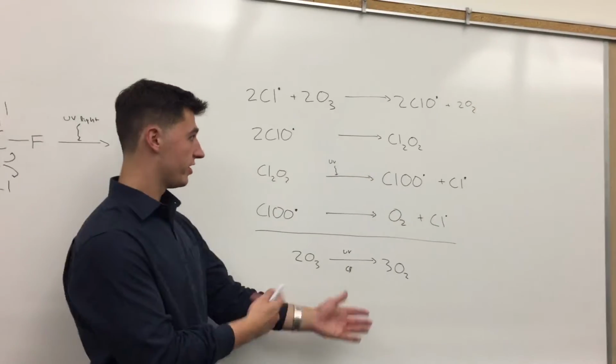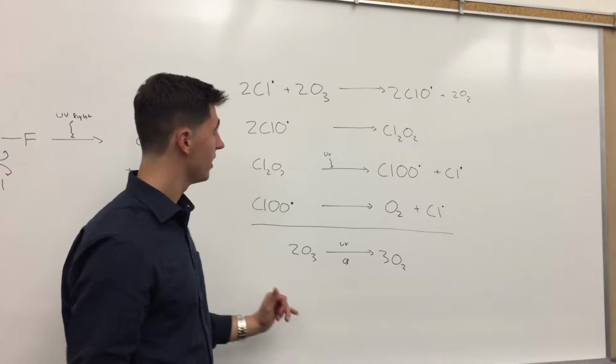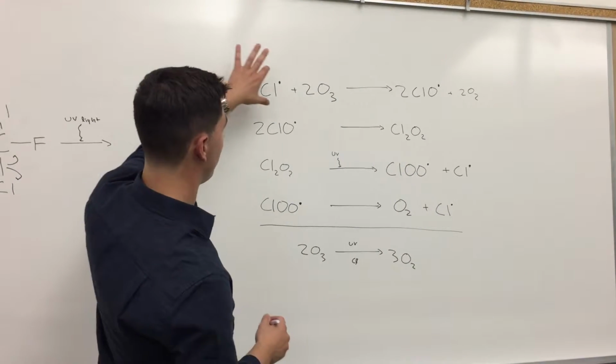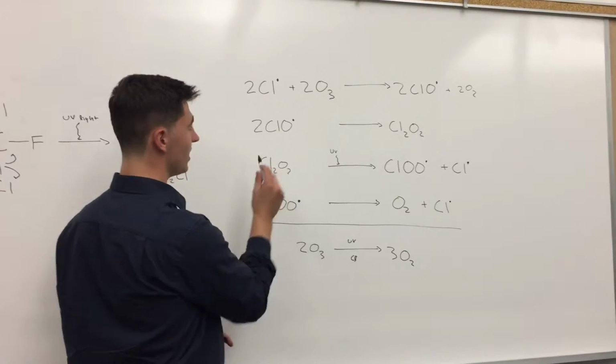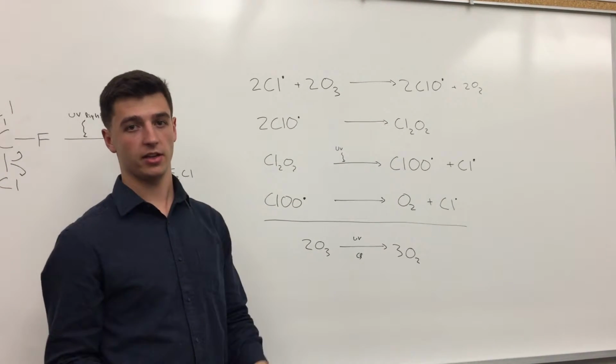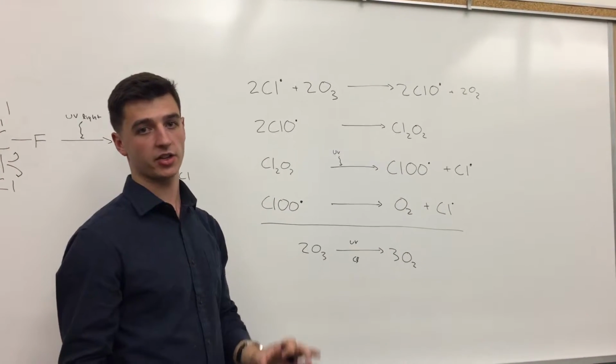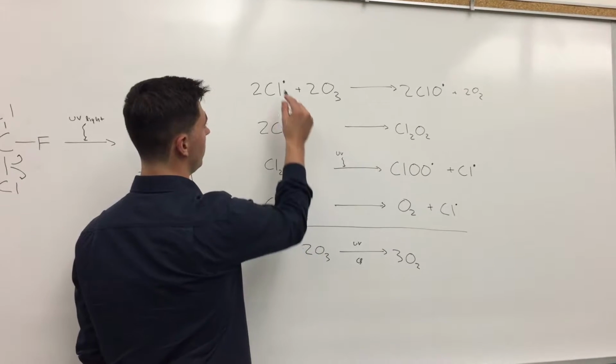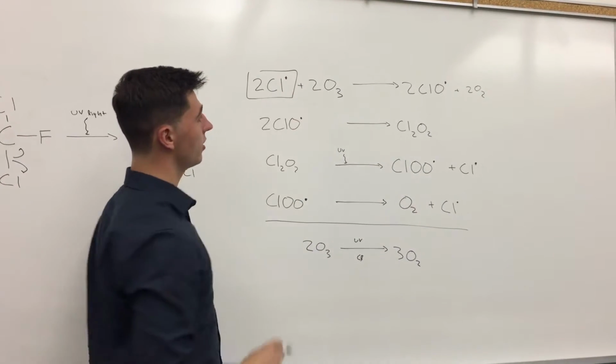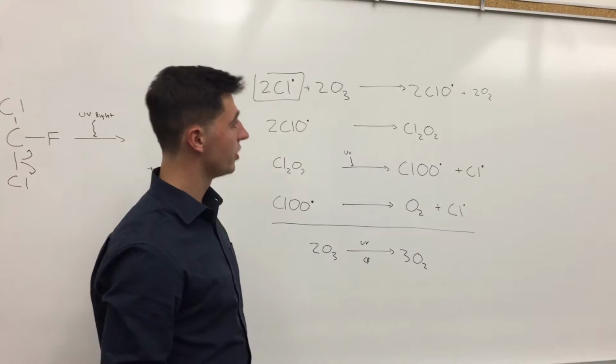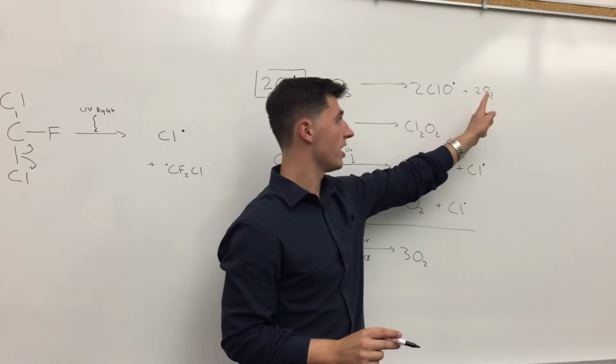So as we move on to the next set of reactions, what we find is that the chlorine radicals act as catalysts. Catalysts are compounds that don't get used up in a reaction. So as we see here is a chlorine radical, and it reacts with the ozone to produce chlorine monoxide and oxygen.